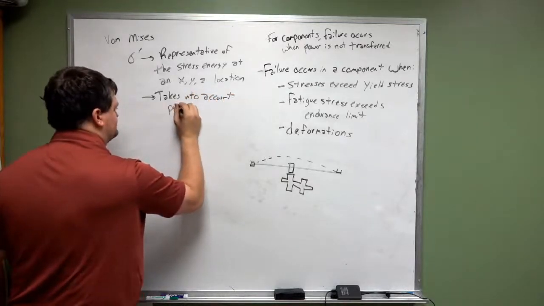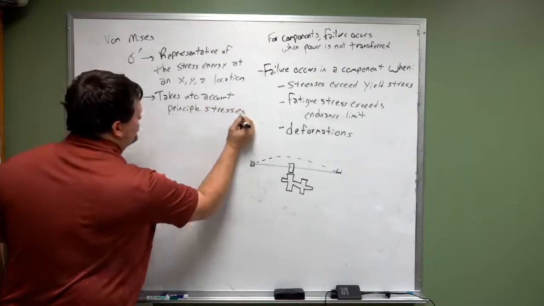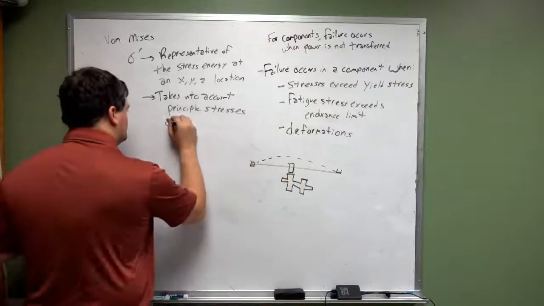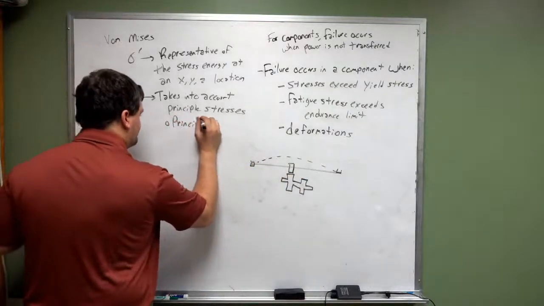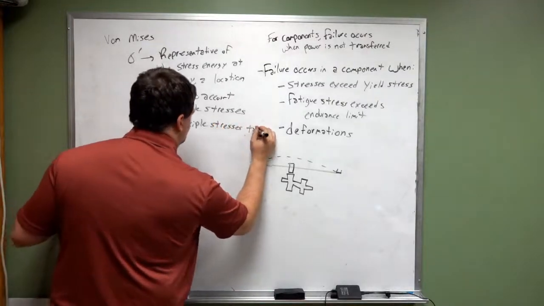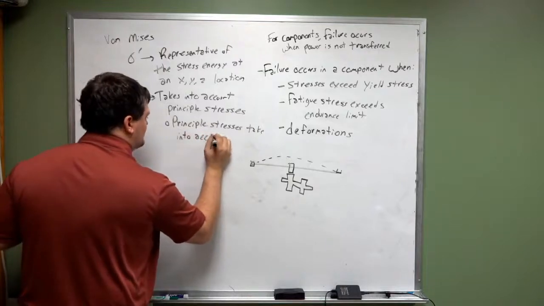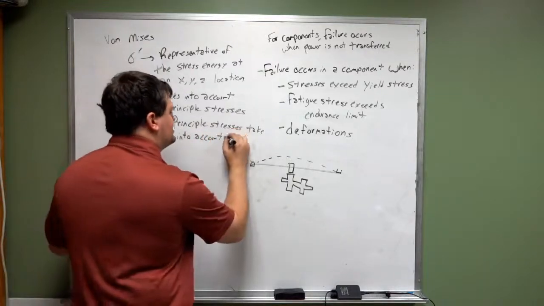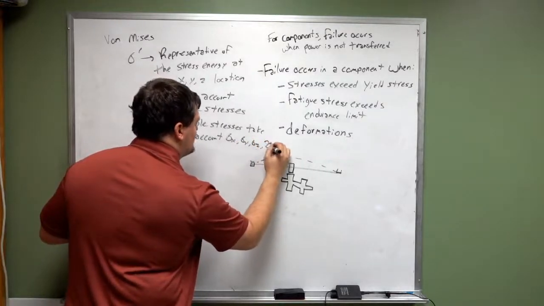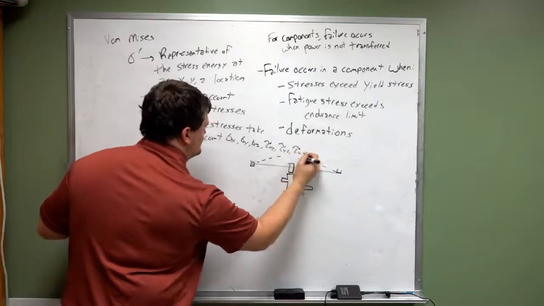principal stresses. Okay? And if you remember, your principal stresses take into account your sigma x, sigma y, sigma z, tau xy, tau yz, and tau xz. Okay?